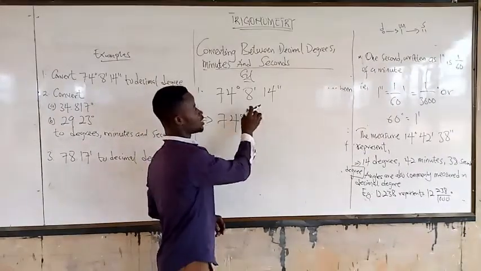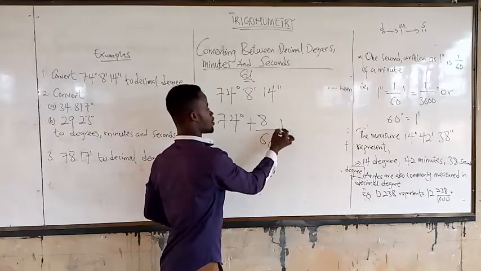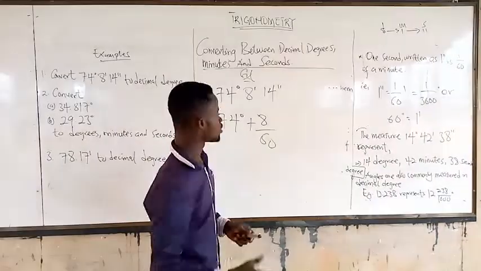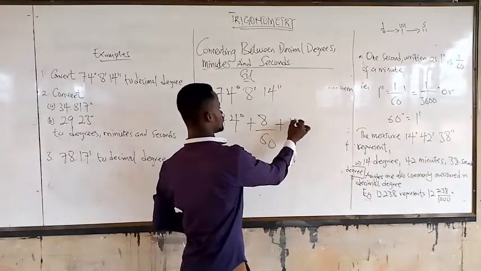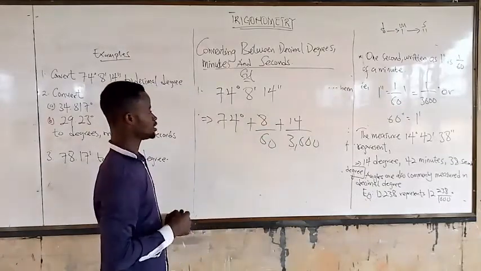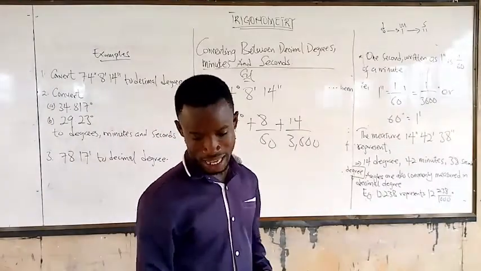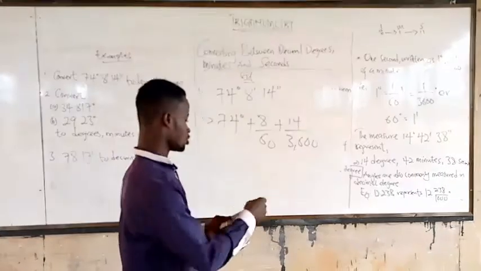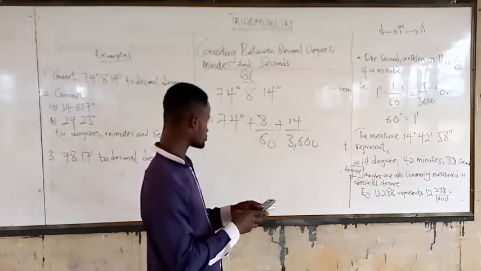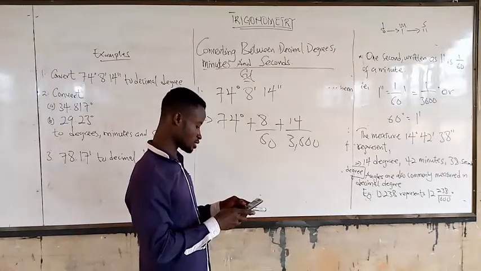Plus this, which will be 8 over 60, plus 40 over 3,600. So that's going to be for that. Then you take your calculator, then you start punching. Alright, so we have 8 over 60 plus 40 over 3,600.